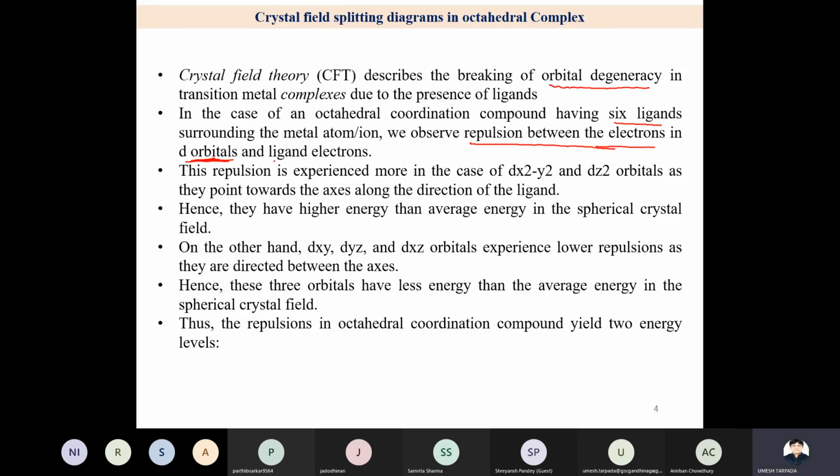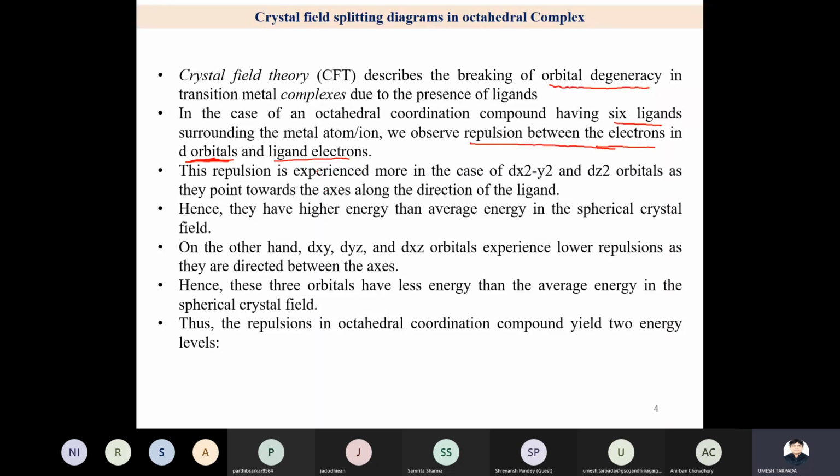Between these two there is a repulsion, and that's why the degeneracy of the orbitals breaks down and the d orbitals get split. So this is the main reason for splitting in crystal field theory: the repulsion between metal electrons and electrons on the ligand.